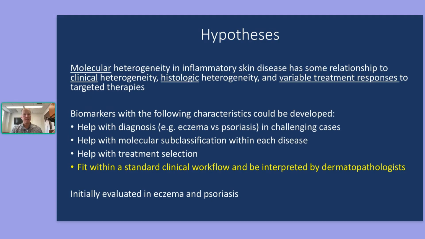And we really wanted something that would be in the hands of the dermatopathologist to interpret and help the clinicians out directly, as opposed to a send-out test or a test where someone may not have the expertise to do it or interpret it, or something that was very expensive. And again, eczema and psoriasis are common. You saw the number of FDA-approved therapies on the prior slide, and we really just wanted to evaluate it in these diseases, which seemed like a nice opportunity.